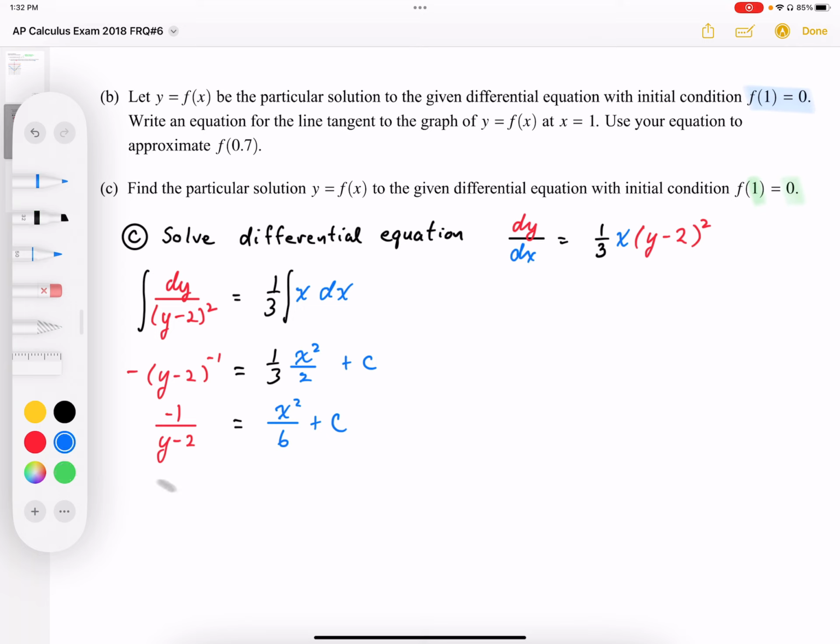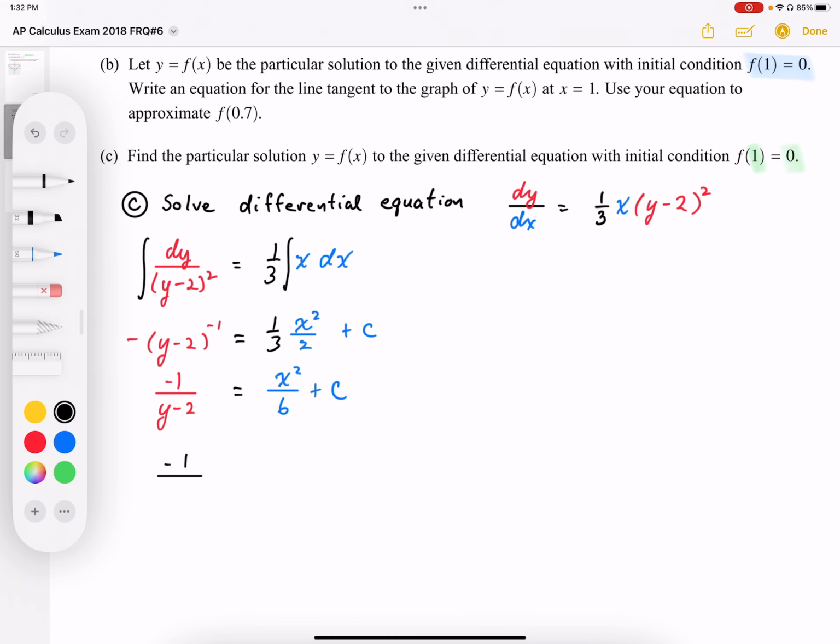Negative 1 over 0 minus 2 is equal to, I'm going to substitute 1 for x, so 1 squared over 6 plus c, and I can solve for the plus c here.